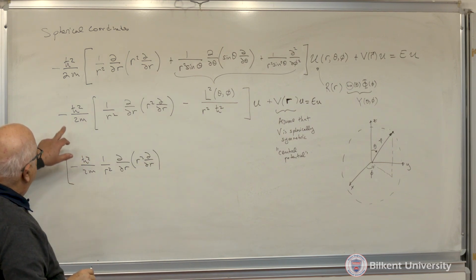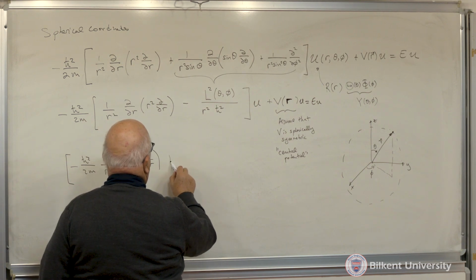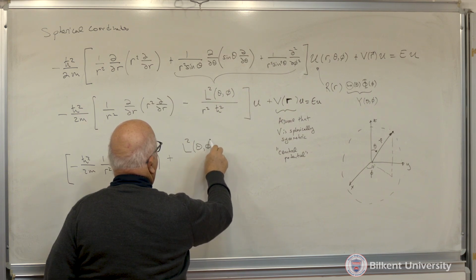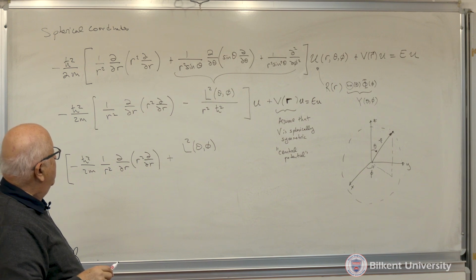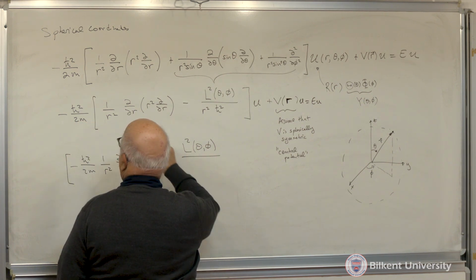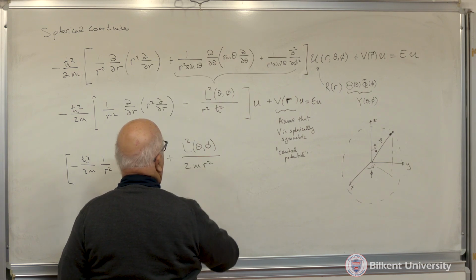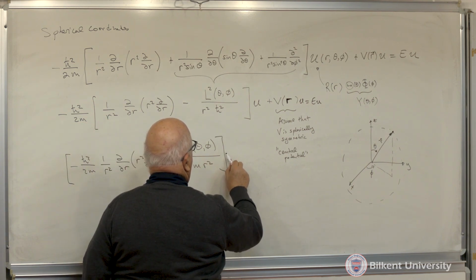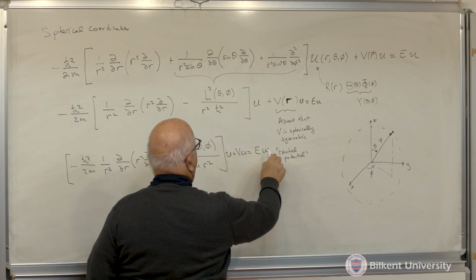Then I have this next term, which is going to be plus this L squared operator, a function of theta and phi. When I do this, the h bars are going to cancel, and I get 2m r squared, u plus Vu equals Eu.